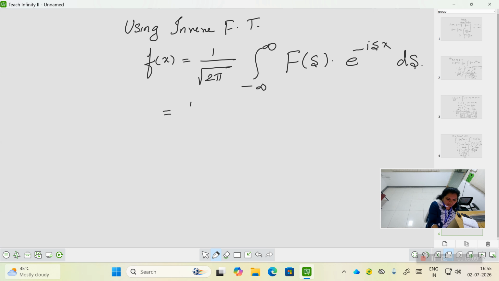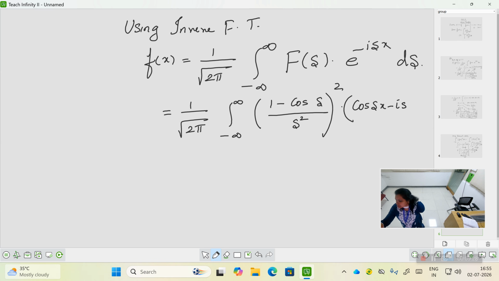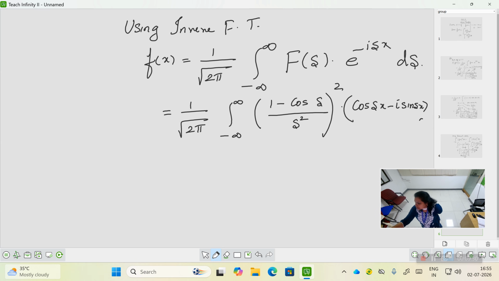Okay, ds. So which is 1 by root of 2 pi, minus infinity to plus infinity. What is f of s we have calculated? 1 minus cos s divided by s square, the whole square, into cos sx minus i sin sx ds.